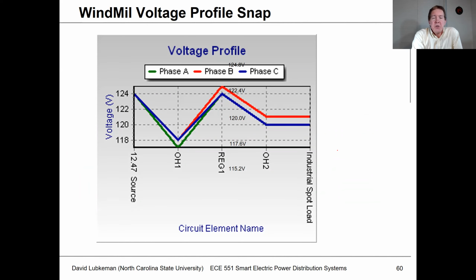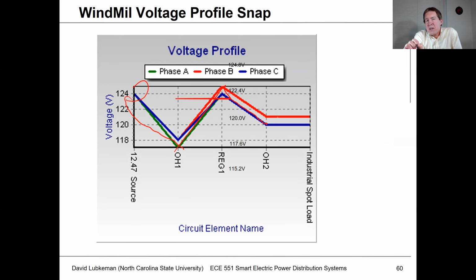The other thing you could do within WindMil is show the voltage profile. What this shows is you're at the substation, you go down the feeder, the voltage drops, then you get to the regulator, you can boost it back up, and then you go down the second line, the voltage drops again until you get to the load.